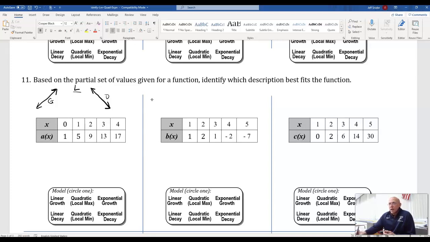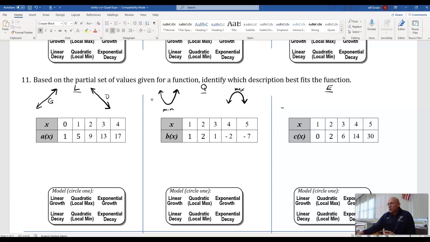The second type we have to talk about is quadratic. If it's a quadratic function, it could either look like this, which has a minimum, or it might look like this, where it has a maximum. And the other type that we're talking about today is exponential.